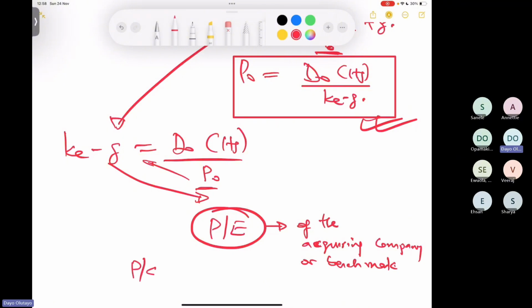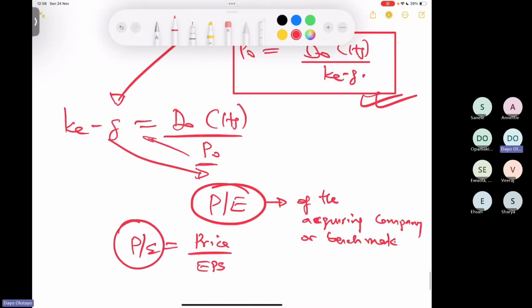Remember, PE ratio equals price over earnings per share, EPS. Price per share over earnings per share. So this PE ratio should be for a benchmark, and that benchmark can be the person that is acquiring or the industry. Don't ever use the PE of the same company you are trying to value. You use the EPS of the company you are valuing.